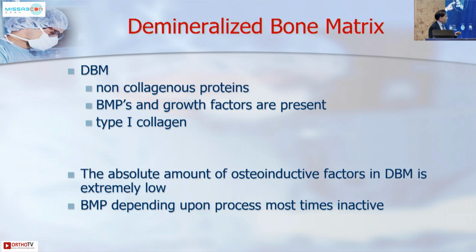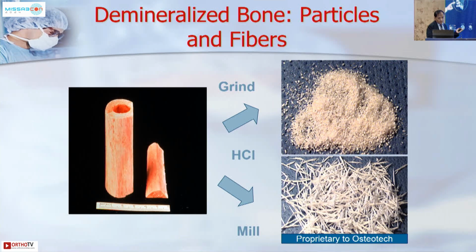So you have to know how the DBM has been processed to know that it is going to be effective. Demineralized bone particles and fibers, you can grind and then make the particles into DBM putty, or nowadays you mill and use the cortical fibers.